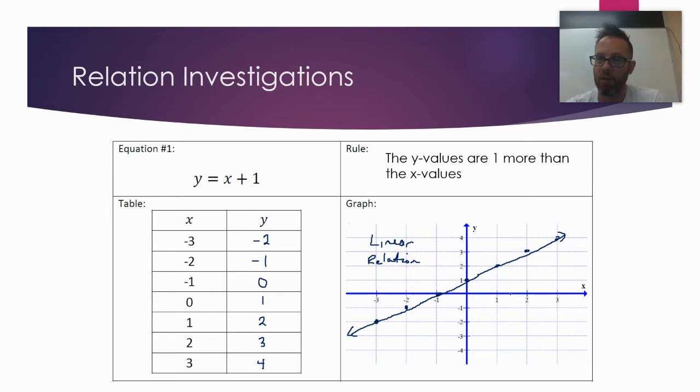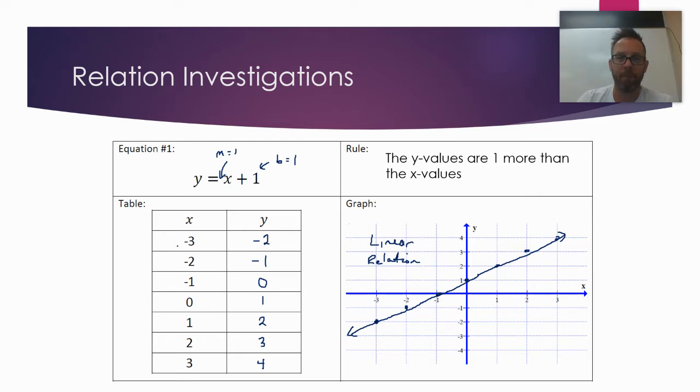It's a linear relation with a slope of 1 and y-intercept of 1. And so after grade 9 and 10, you should be proficient in sketching lines given the equation. Read off the slope, read off the y-intercept, plot the y-intercept, and use the slope to get more points. So no surprises there. This is a linear relation.